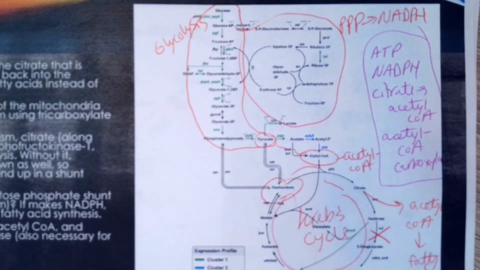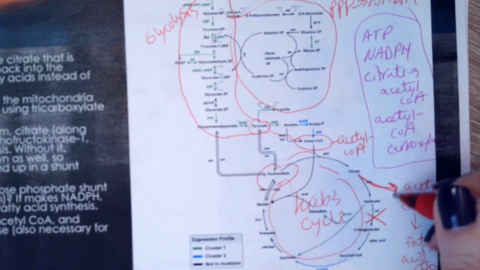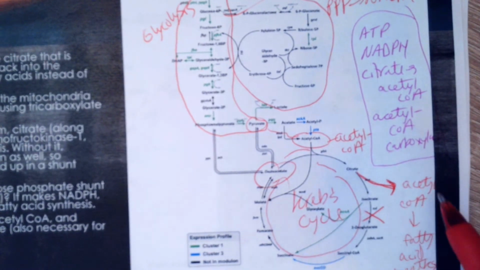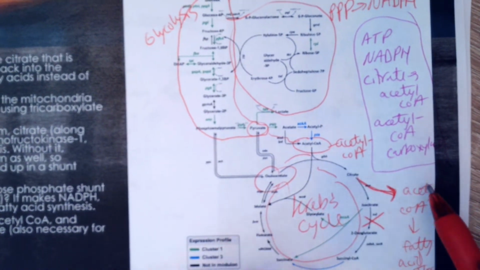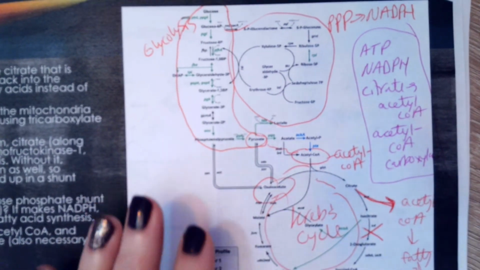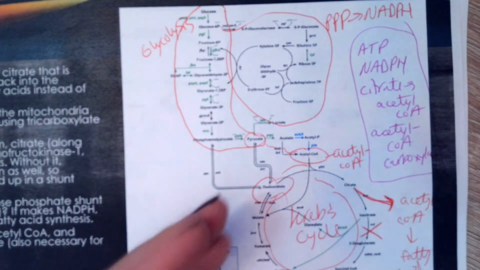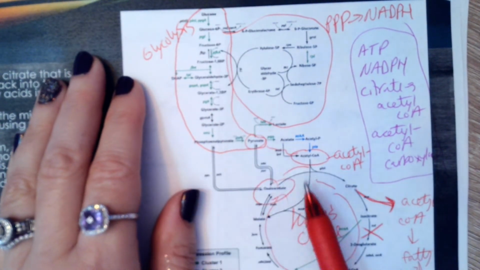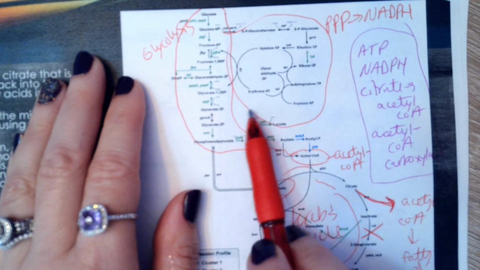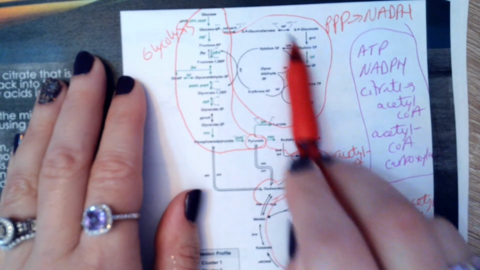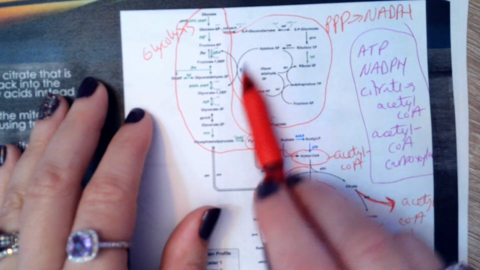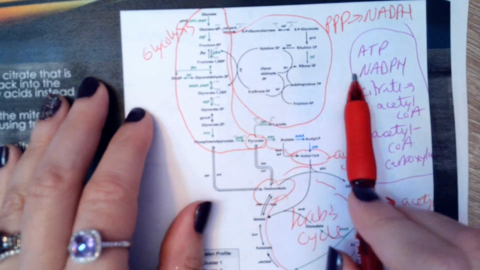So by inhibiting the Krebs cycle, we can get our citrate out of there and turn it into acetyl-CoA, get some acetyl-CoA carboxylase. ATP is already there. That is what inhibited the Krebs cycle in the first place. And in turn, all of that is going to be inhibiting all the way back up through glycolysis, causing the glycolytic pathway to instead go through the pentose phosphate pathway, which gives us our NADPH.